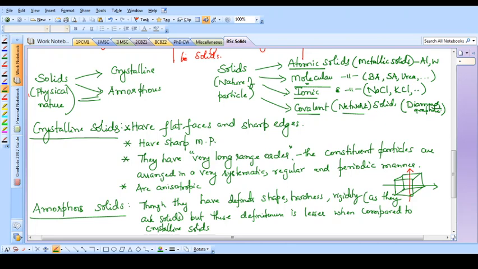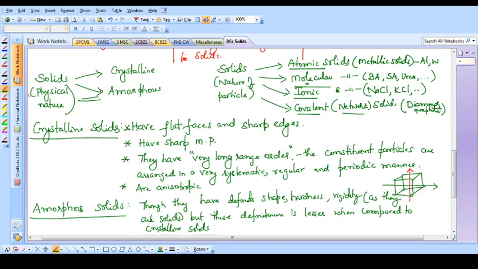This is about some basic information of solids. In today's class we discussed how to differentiate the three states of matter, that is solid, liquid and gases, and how to classify solids depending on the physical nature and depending on the nature of particles.